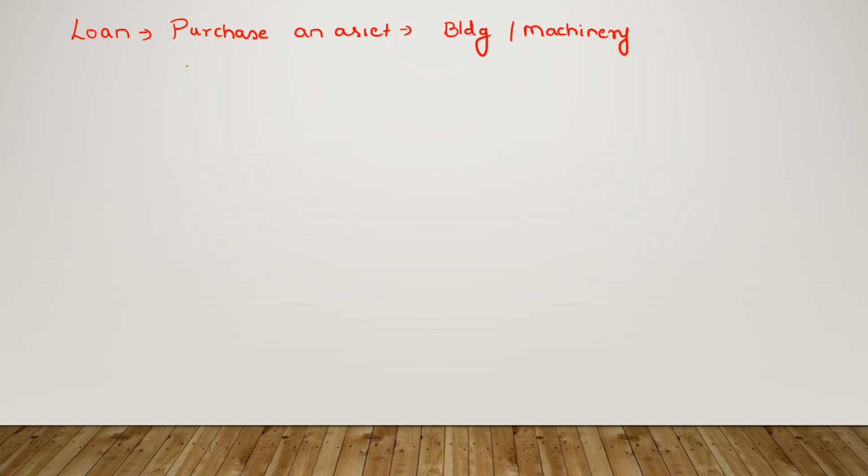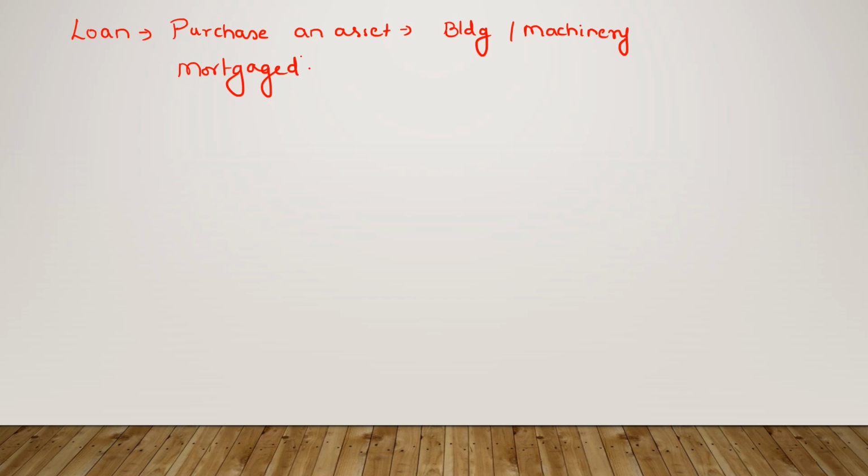Now, at that point of time, for the loan to be given by the bank, this particular property which is being purchased is normally mortgaged to the bank, which means the documents would be in the possession of the bank till the loan is repaid off.